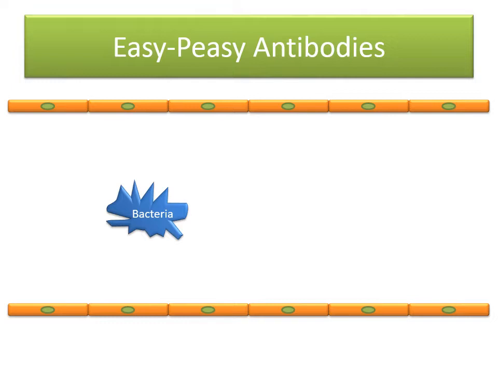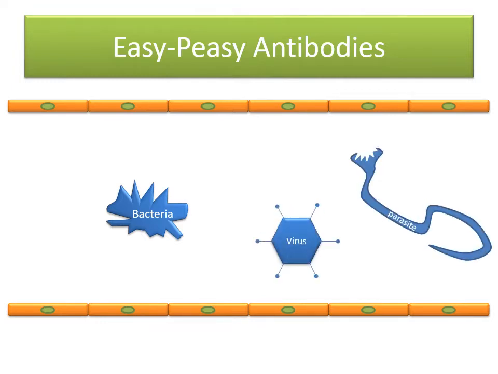So for most of us who have our own IgG levels, what happens? If you have an infection with, for example, a bacteria, a virus, or a parasite, your immune system will respond. One of the components of the immune response will be making antibodies to those foreign invaders. In this case of a virus, we can see an antibody binding to the surface of that virus.